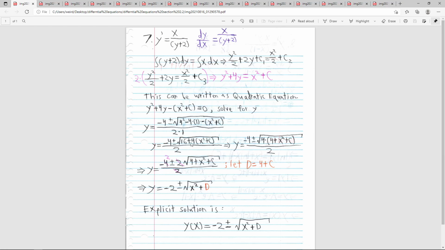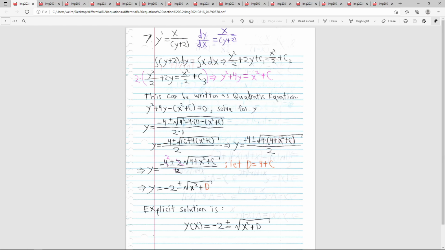And what we can do is divide out 4, because you have 16 plus 4 times x squared plus c. You can divide out a 4 and make it simpler, and then the 4 can be taken out of the square root. So you get negative 4 plus or minus 2 in the radical, and then you have the square root, divided by 2.